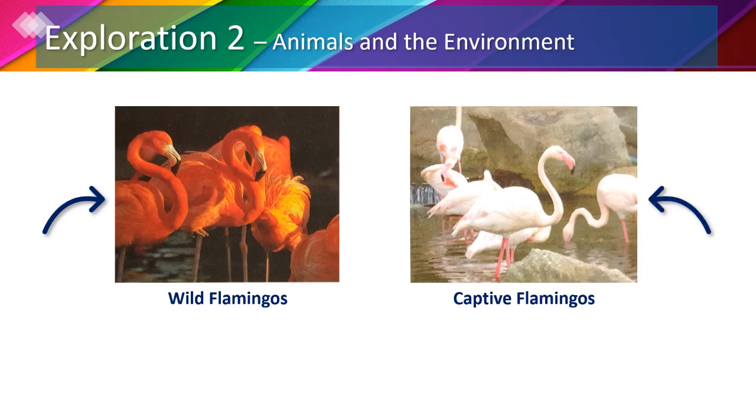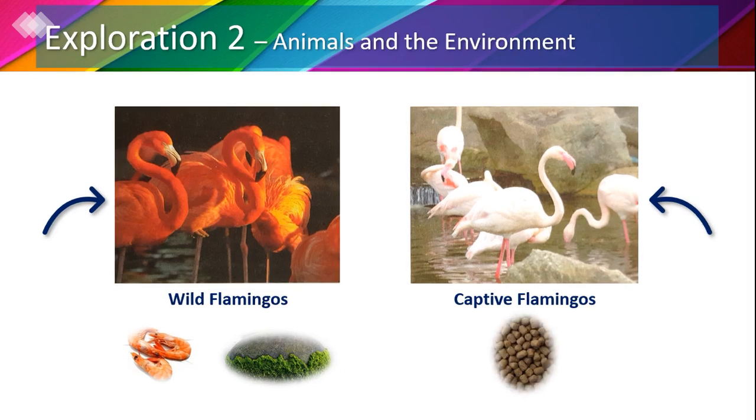The reason for this is that wild flamingos eat shrimp and algae, as we said before, and these food choices have certain nutrients that cause their feathers to turn pink. However, since captive flamingos eat pellets, and these pellets don't have all the same nutrients, their feathers don't change to pink as much as those of wild flamingos.